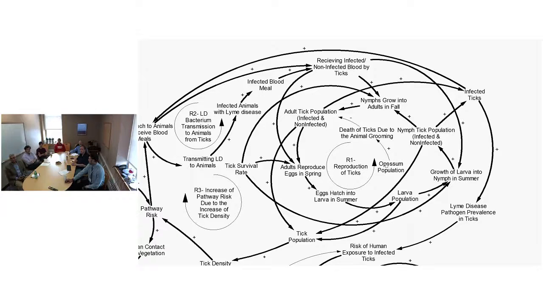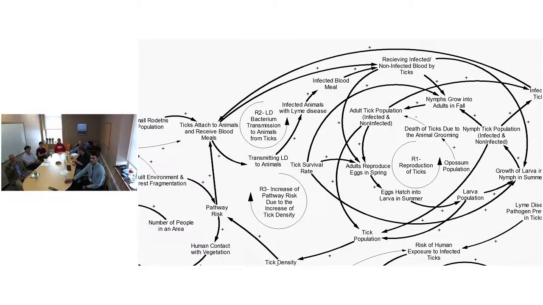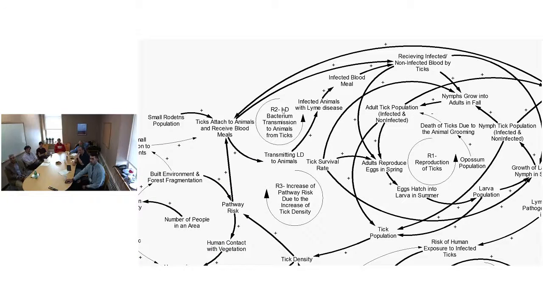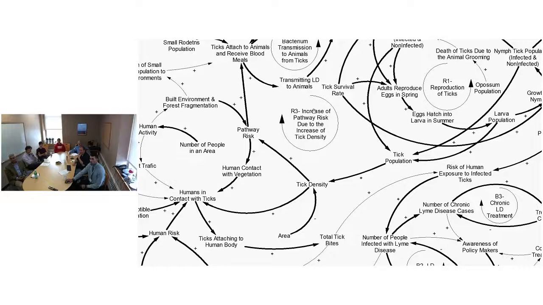In between, some of the ticks become infected if they get blood from infected rodents, from infected mice. So we have the feedback loop here that animals get infected from ticks, and sometimes ticks get infected from animals. And also we have another loop that shows the increase of pathway risk due to the increase of tick density.